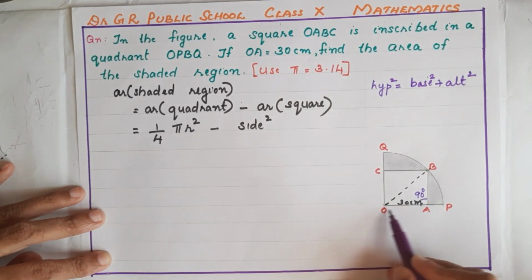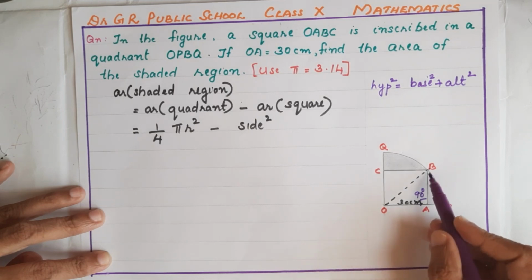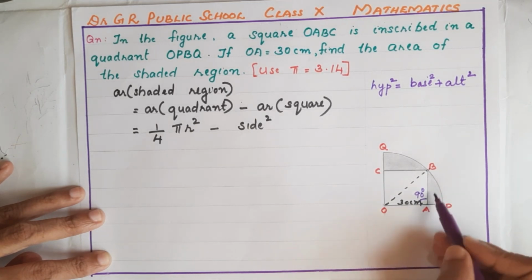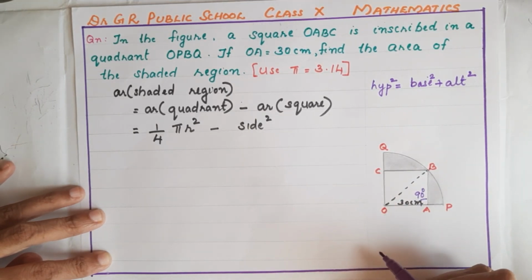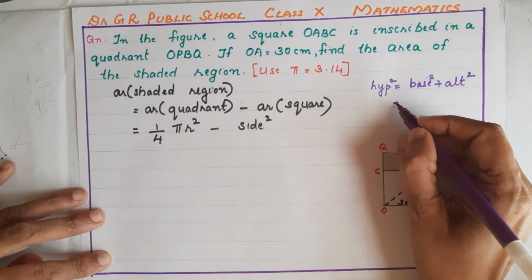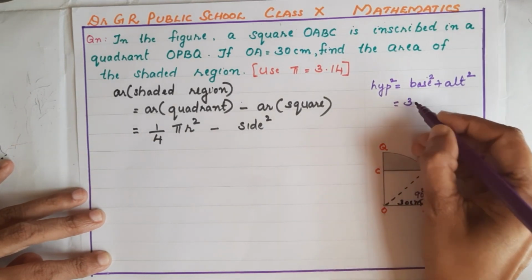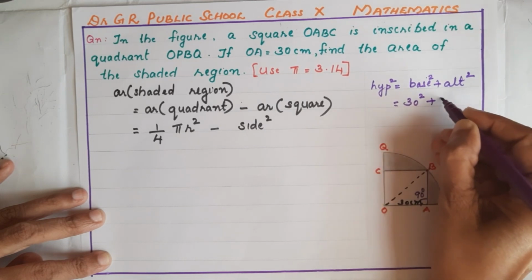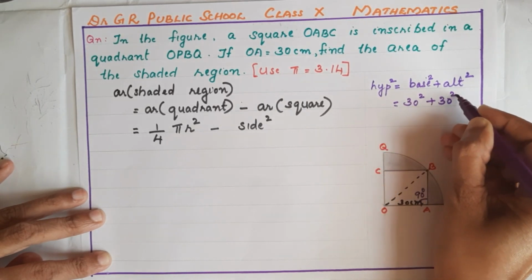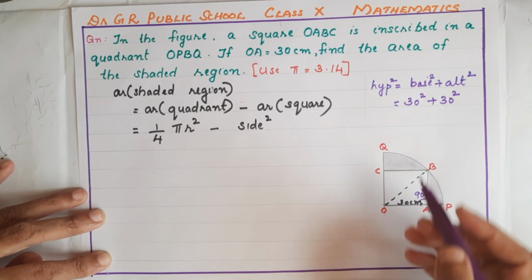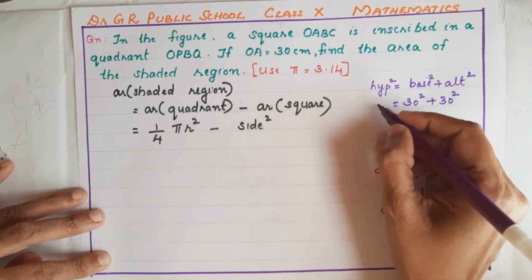Isn't it? So here base we have 30 and AB is also 30 because it is a square. All sides are equal. So we can find out using this. So 30 square plus 30 square. Okay. So here OB hypotenuse is OB.